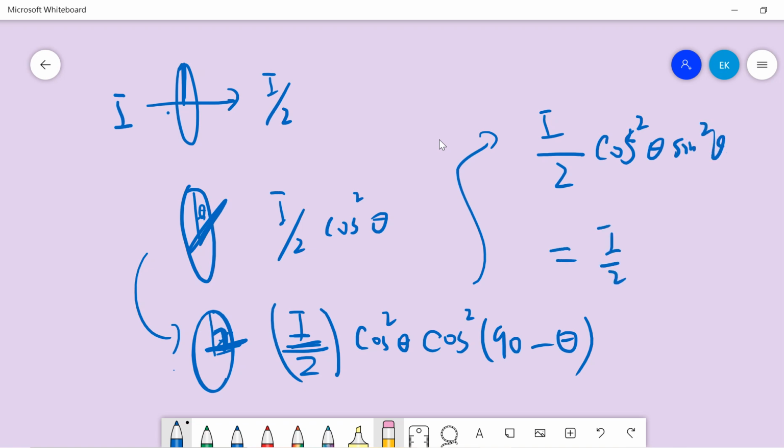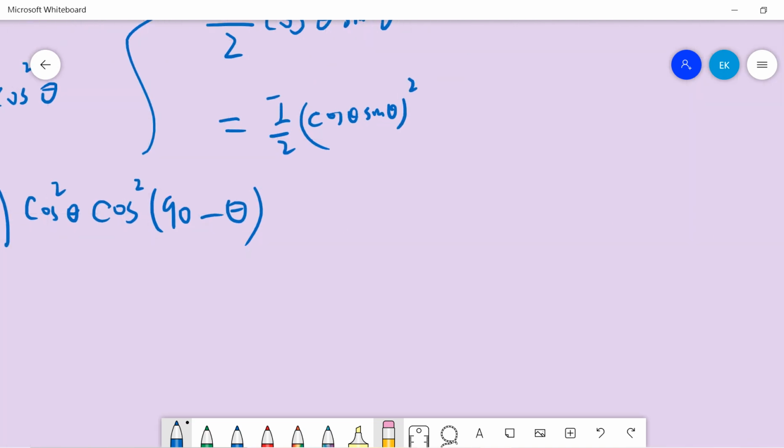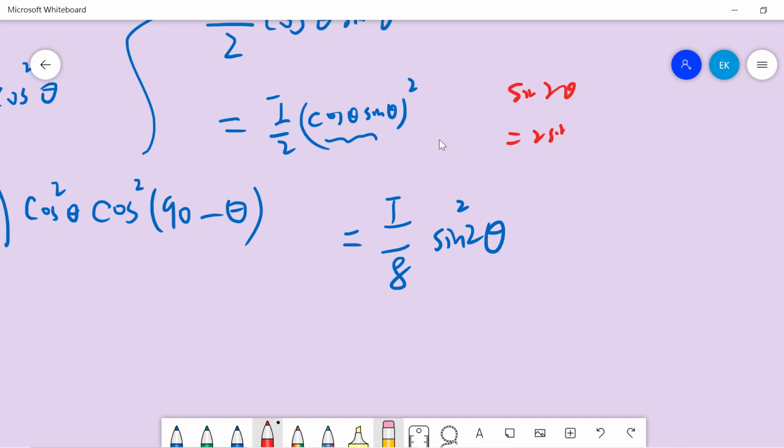So you have I over 2 cosine theta sine theta squared. Okay. And then you know that this can be written as I over 8 sine 2 theta squared, because sine 2 theta is 2 sine theta cosine theta.